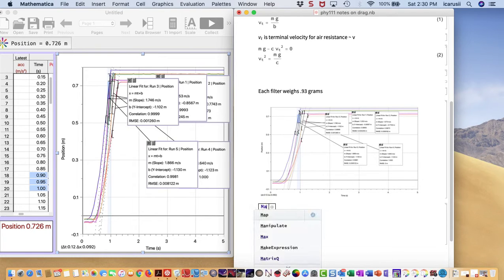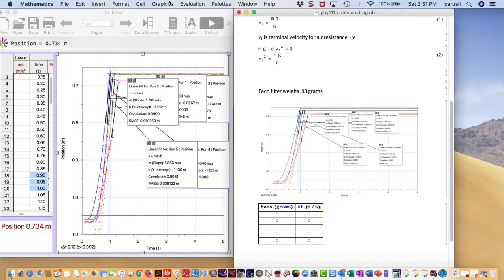That's going to be the mass, in grams. This guy is going to be the velocity in meters per second.